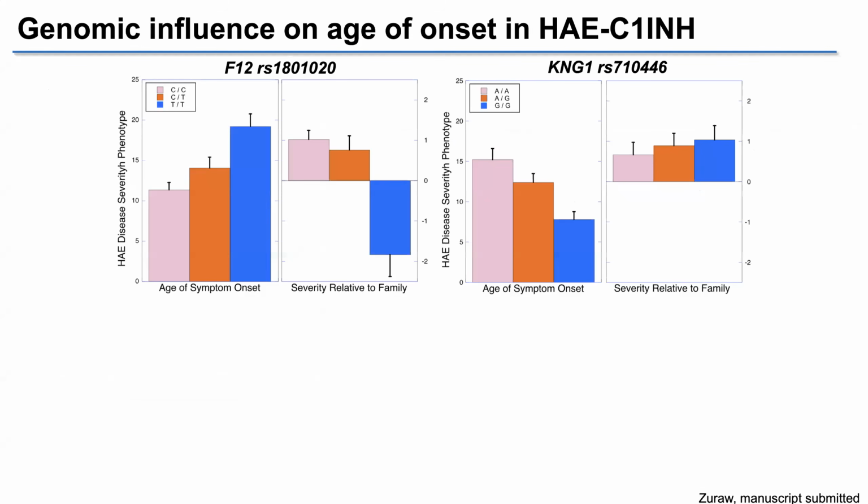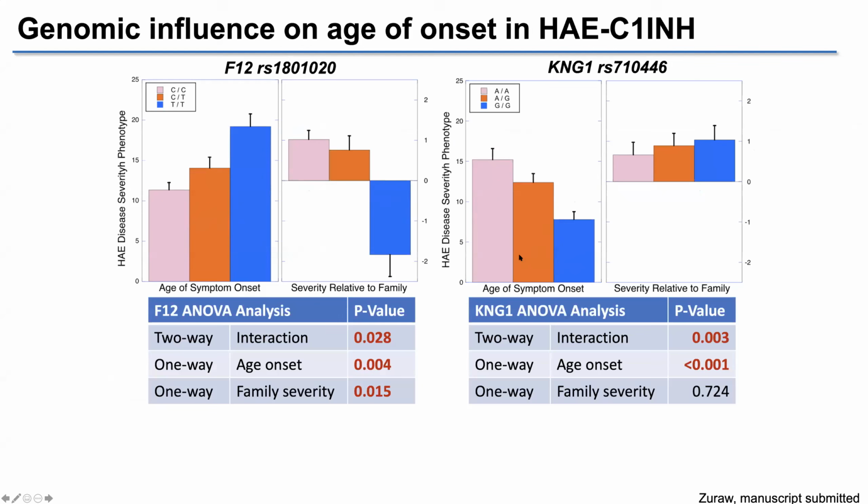So we've looked at this more, and I'm just showing you data from two SNPs that we've looked at, one in factor 12 and one in the high molecular weight kininogen gene. And what we found is that both of these SNPs seem to affect the age of symptom onset. And this is a statistically significant relationship.